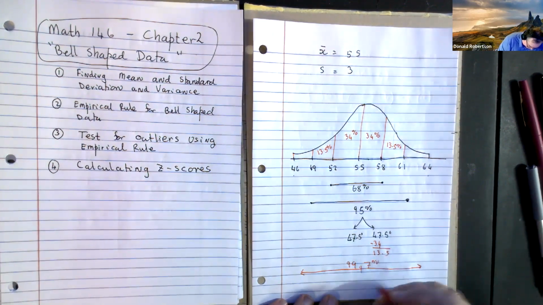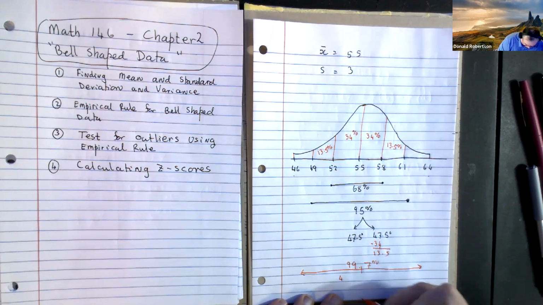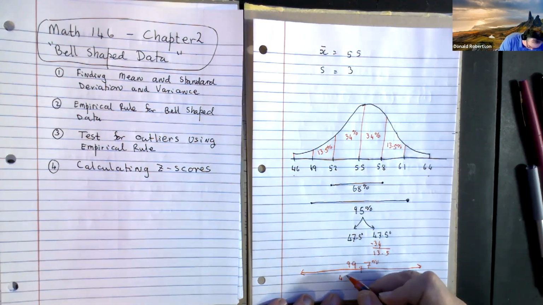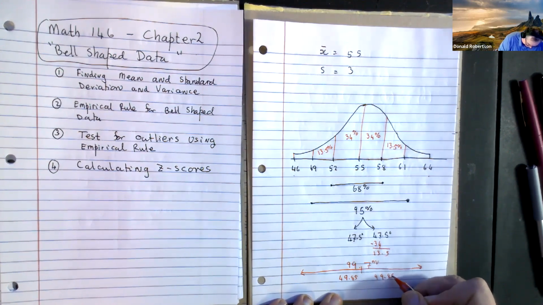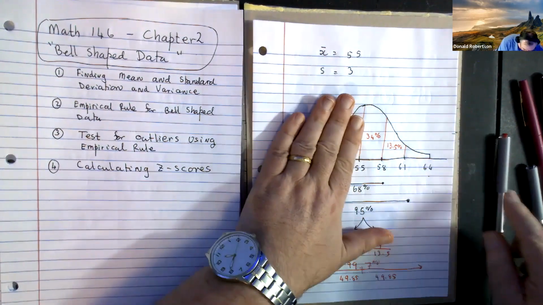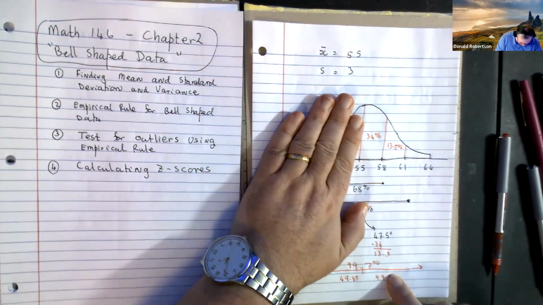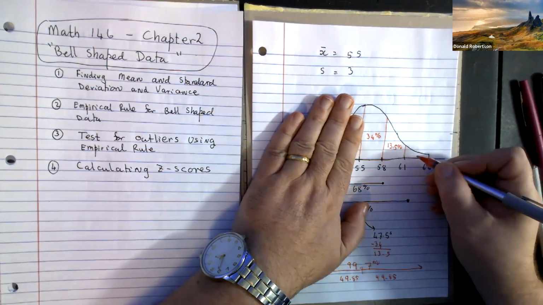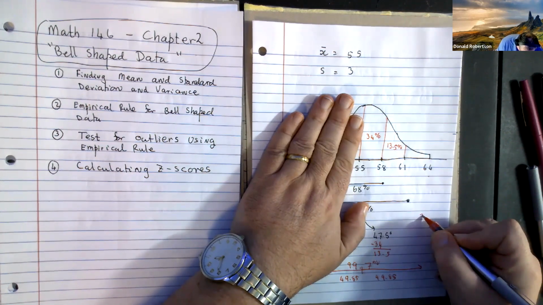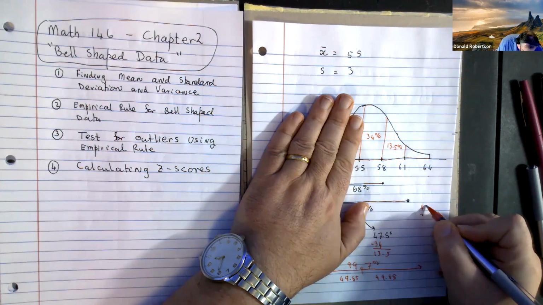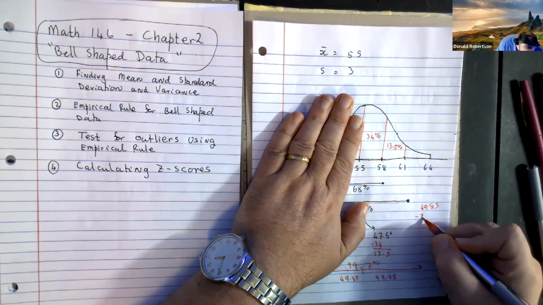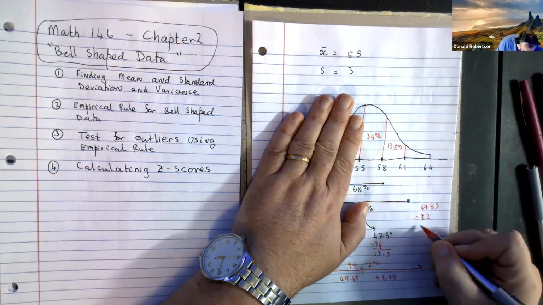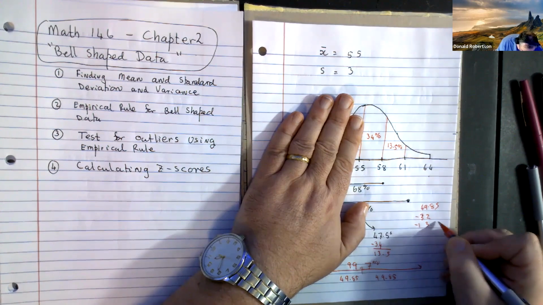If you divide by 2, you get 49.85 on each end. Then I'm going to take away 34, and also take away 13.5.